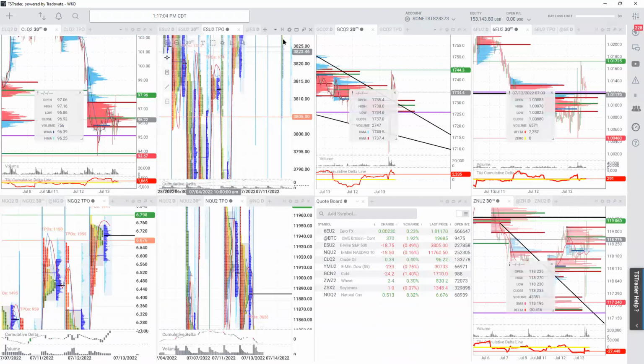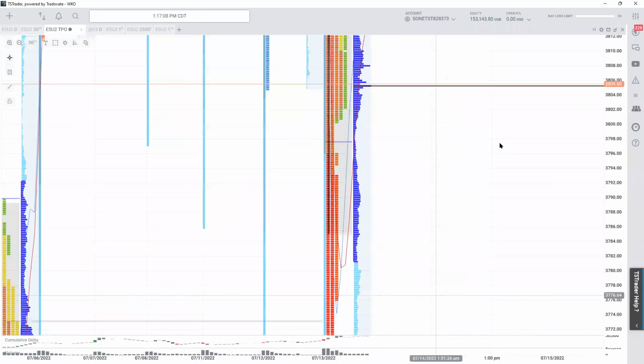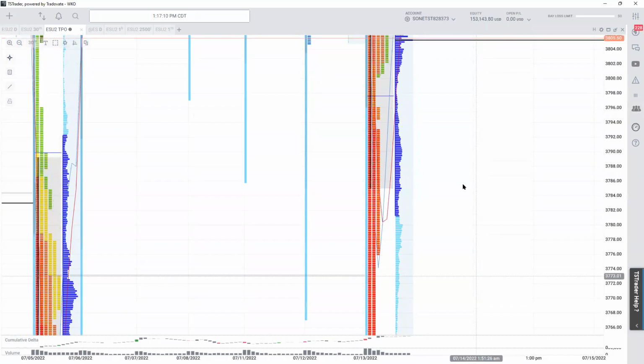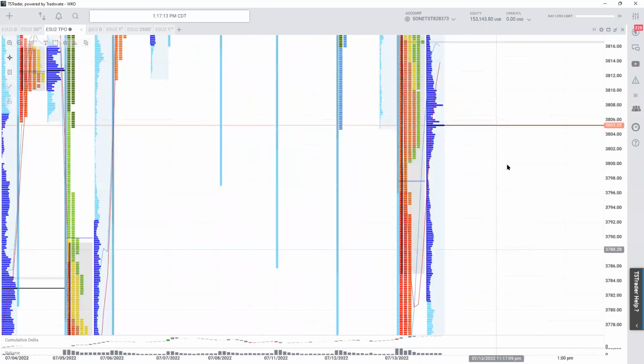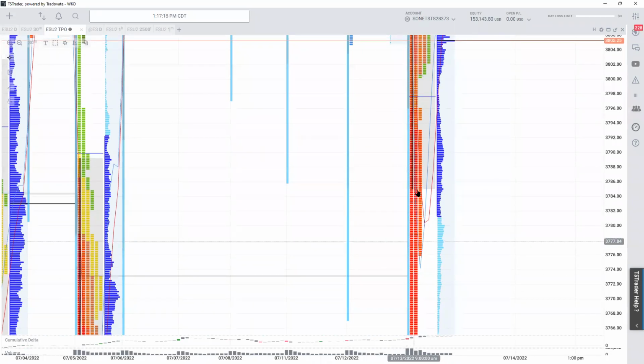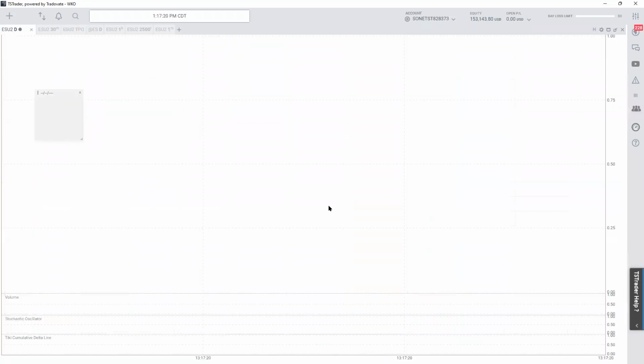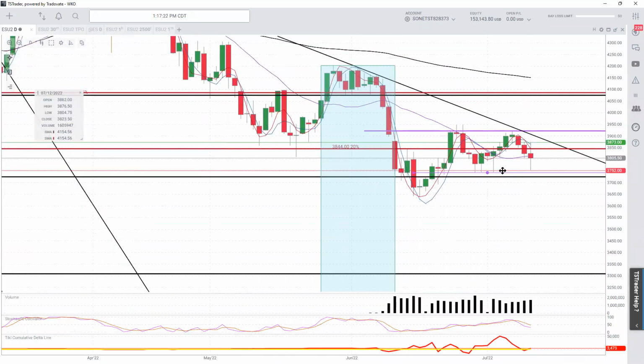NASDAQ. S&P. This is the S&P, right, Jack? Yes, it is. Okay. So we opened with a gap. The market looked above the opening range, looked below the opening range. When I look at this, we're getting pretty cheap. We're range bound. So my hypothesis is anytime we get close to the lower extreme of balance, I'm a buyer until proven wrong.